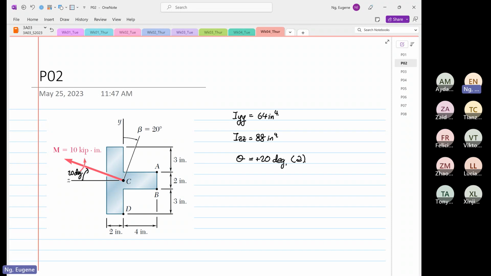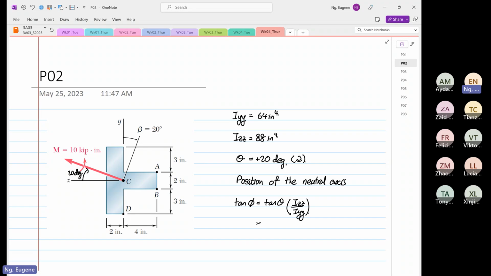So to find the position of the neutral axis, we simply apply the formula tangent phi is equal to tangent theta IZZ over IYY. Okay. So we know that 20 is going to be positive.